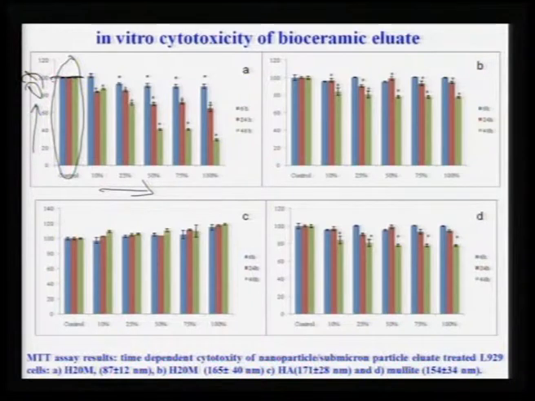So, in the control case all the cells are surviving. The moment you add the 10% to 100% concentration of the hydroxyapatite mullite particulates, what will happen? You see after 24 or 48 hours the optical density decreases steadily. That means the cells are becoming less and less viable. Okay.